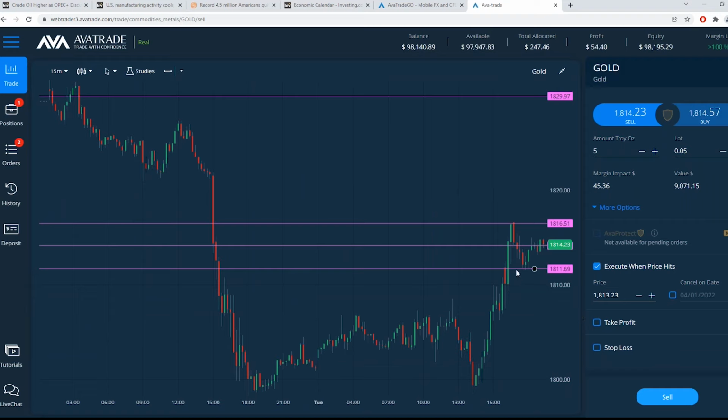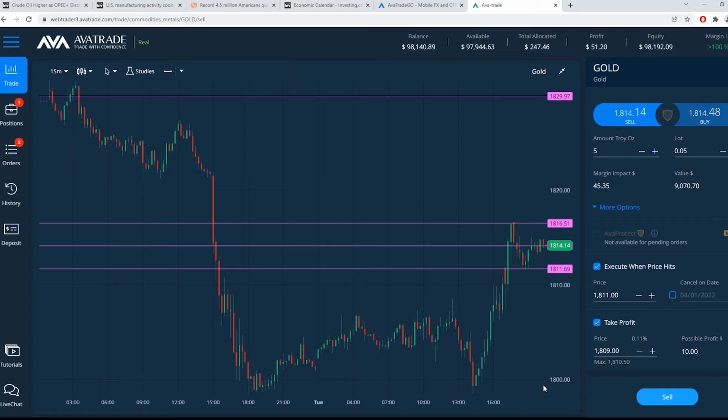If it drops below this support level, that establishes a downtrend. And so let's say if it hits 1811 and a half, or 1811 even, execute if price hits 1811, a sell, okay? Take profit down here just before this support level down here.